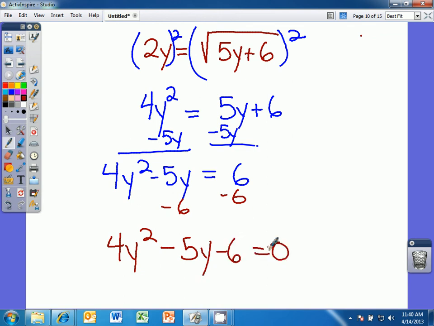Alright, thinking back, when I have a quadratic equation, I ask myself, are there any greatest common factors? Is this easily factored, or do I need to go to the quadratic formula?